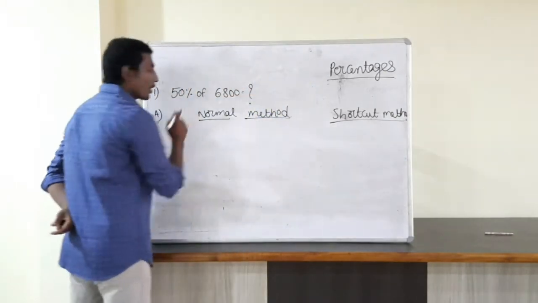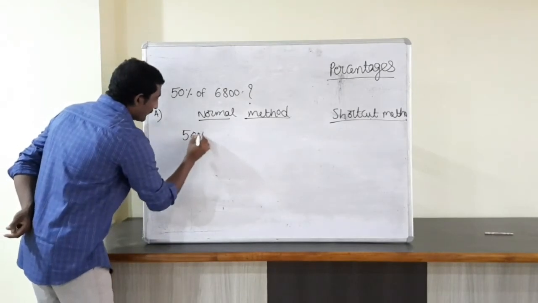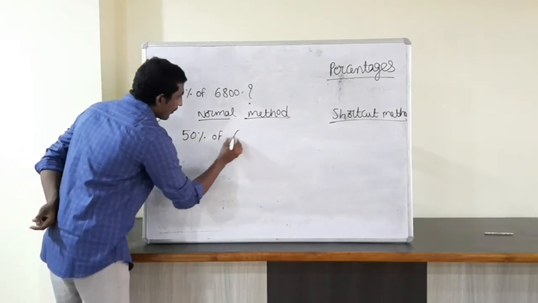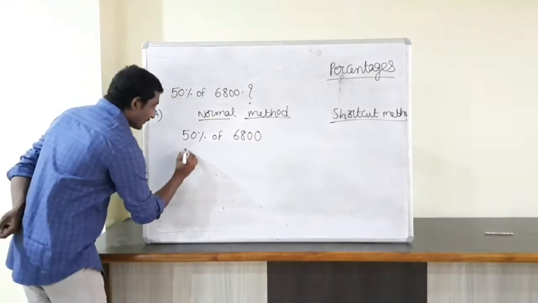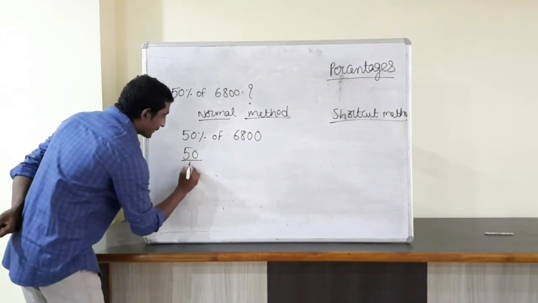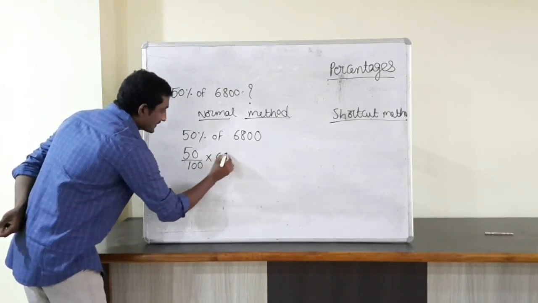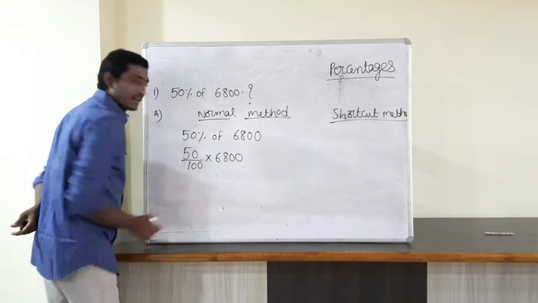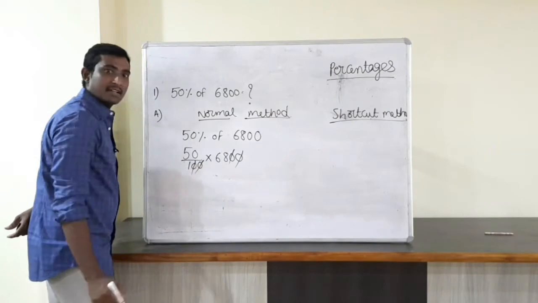First do this problem in the normal method. 50% of 6,800. 50% means divided by 100, of means into 6,800. 0 0 cancel.